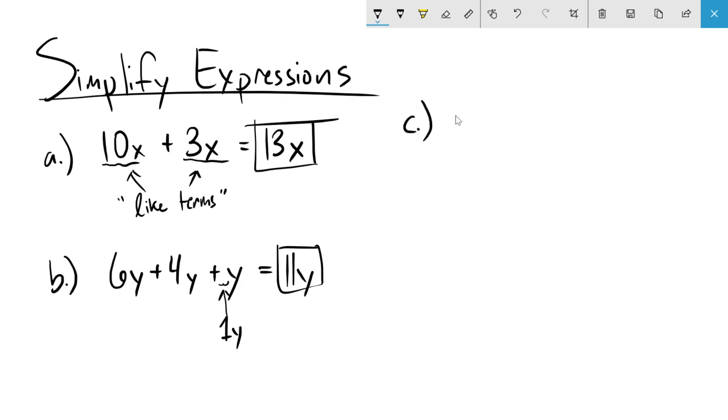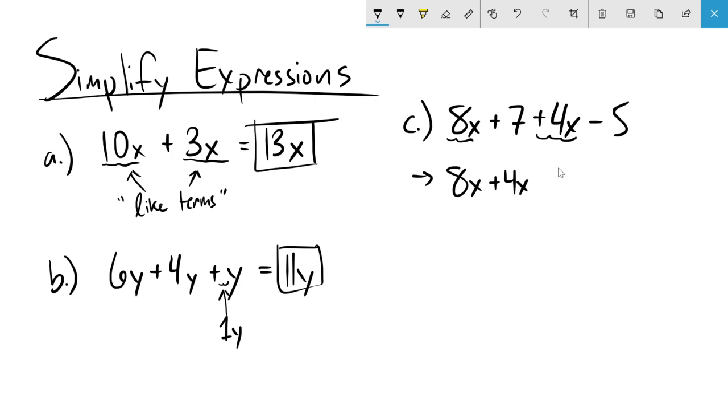And if you have multiple terms, but they're like terms, you can combine those. Sometimes it helps to rearrange. So like here, I see that I have x terms. So I could rewrite this with the x terms next to each other, and then with the numerical terms next to each other.